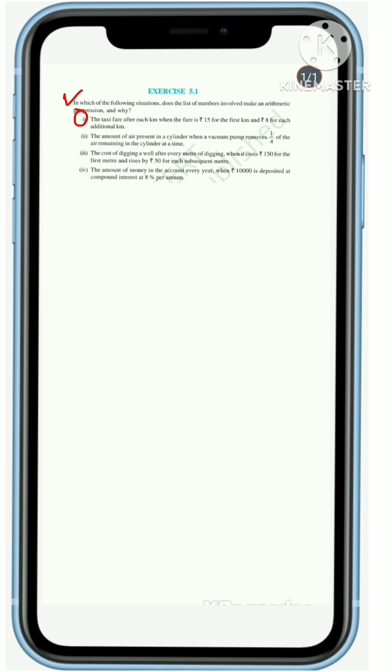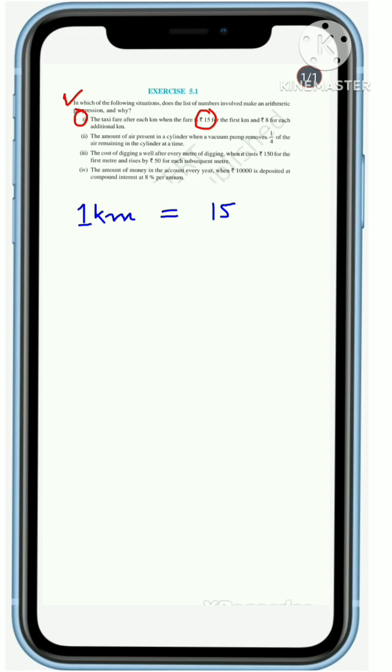So according to this question, taxi fare for first kilometer is 15 rupees. It means for 1 kilometer taxi fare is rupees 15.